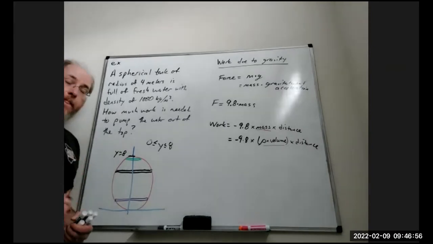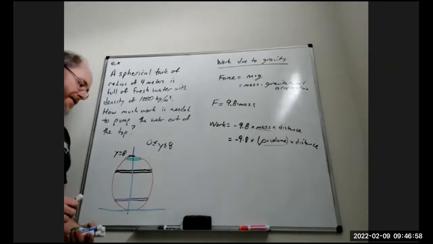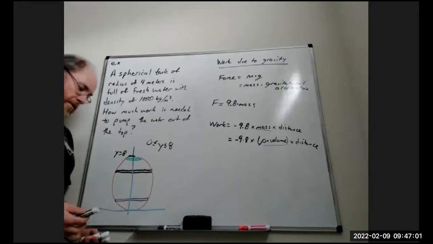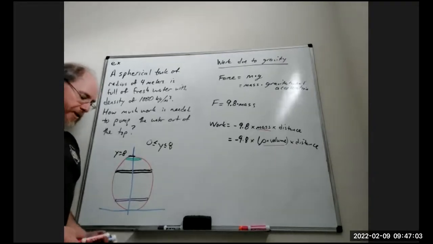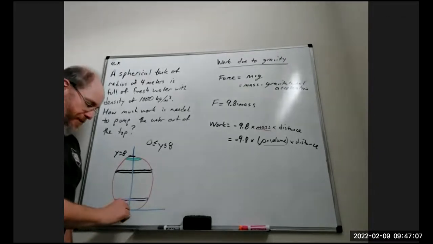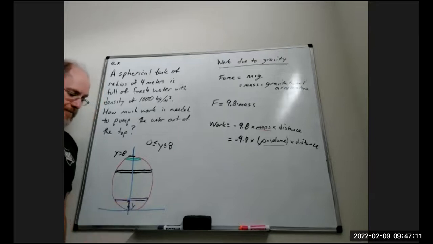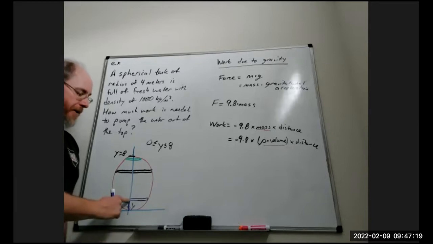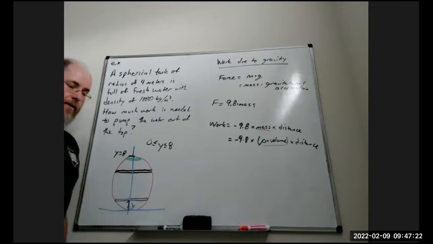So when we finally do our integral, it's going to be 0 and 8. Okay, let's talk about the distance that the slice is going to travel. So I've got my generic purple slice down here, right? And it's got a certain y coordinate, which is that right there. How far does it have to move? If I'm pumping it out of the top and I've got to bring it all the way to the top, how far is it going to move?